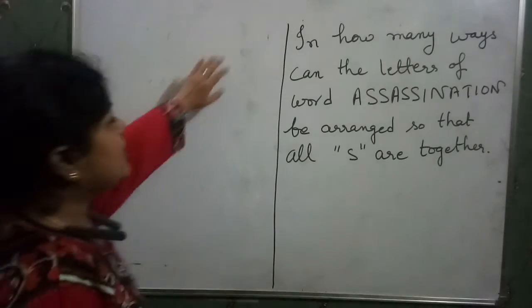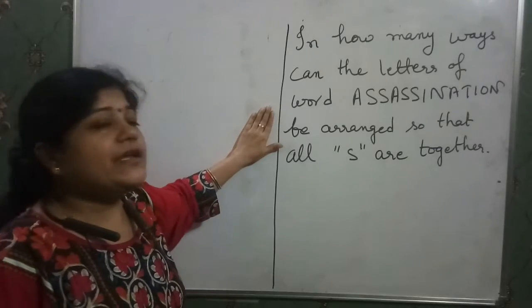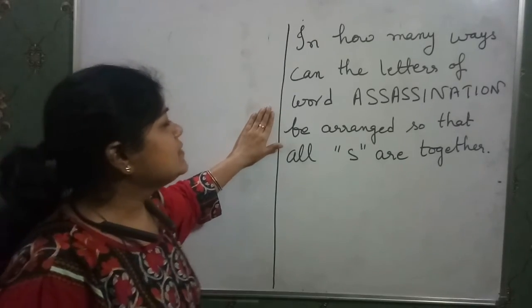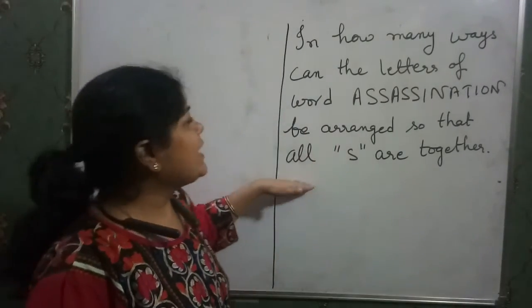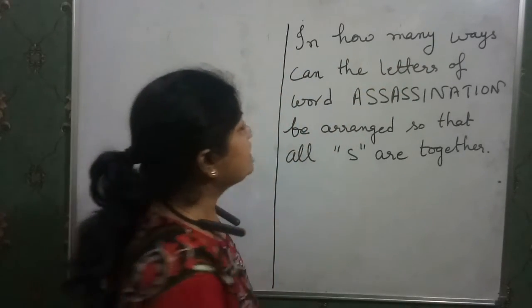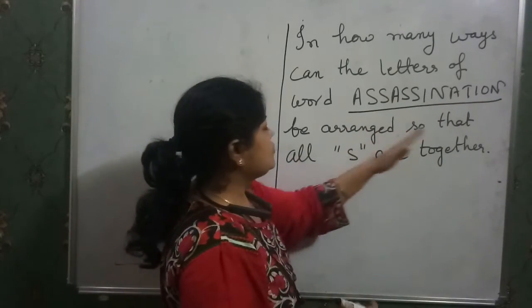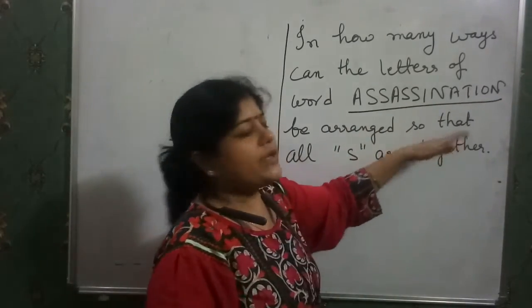Now the next question I am going to explain again, because these types of questions often confuse students. So just be sincere on the blackboard and see: in how many ways can the letters of the word ASSASSINATION be arranged so that all S are together?